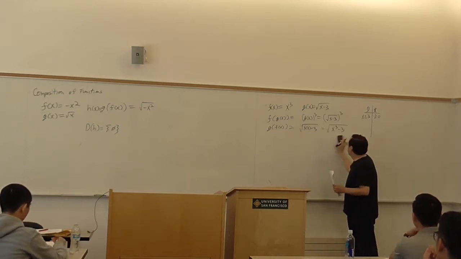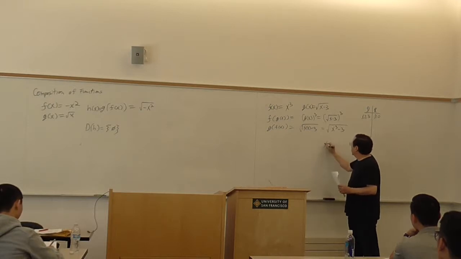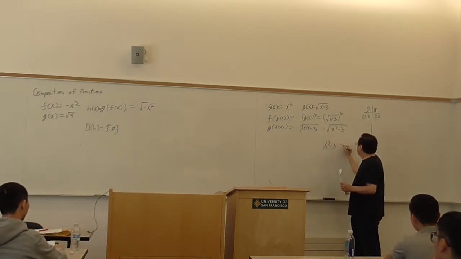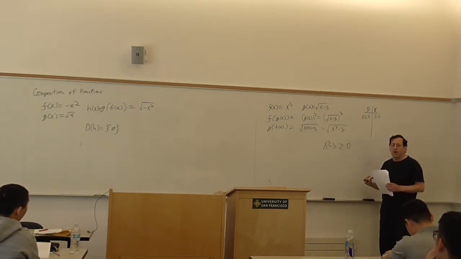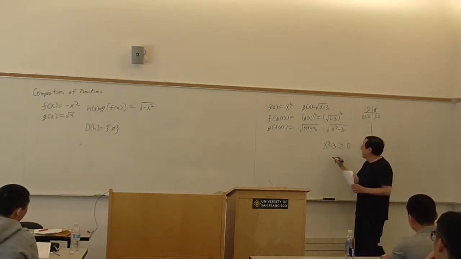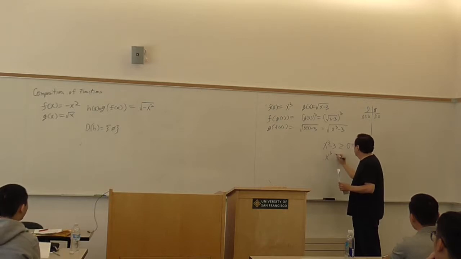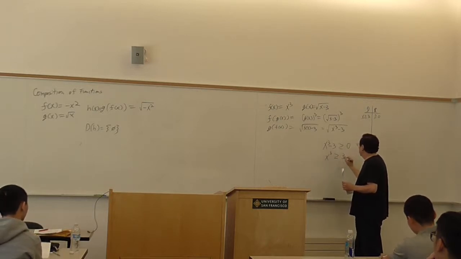Right? What do I want? I want x cubed minus 3 to be greater than or equal to 0, right? So how do I get that to happen? Well, x cubed is greater than or equal to 3.